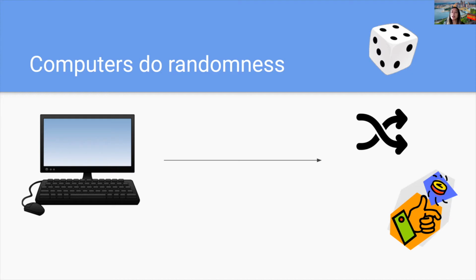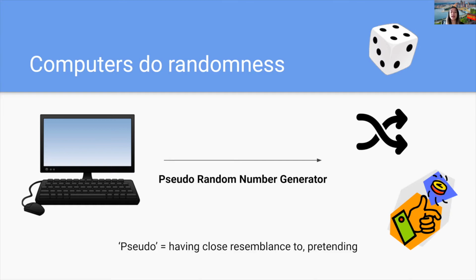But how do we tell a computer to be random? Well, we can do this with a type of algorithm called a pseudo-random number generator. Pseudo meaning having a close resemblance to or pretending. Computers can use pseudo-random number generators to simulate a real random process.